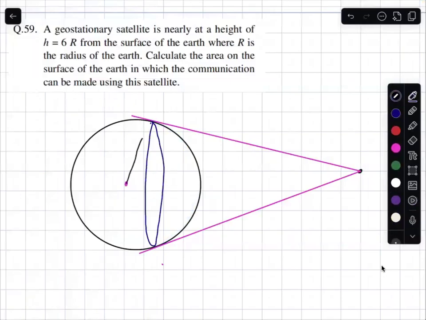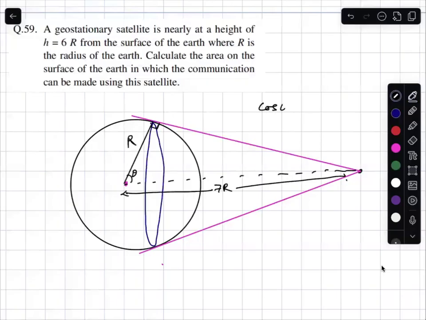Now see, this is 90 degrees. Now this is R distance, and this is 7R distance, and this angle is theta. So from this I can say cos theta is R by 7R, 1 by 7. Why do you require cos theta? Very simple.